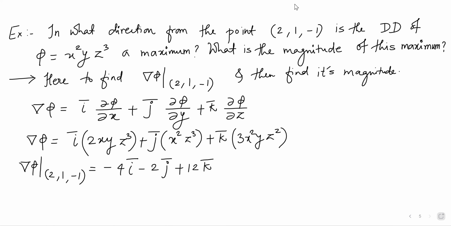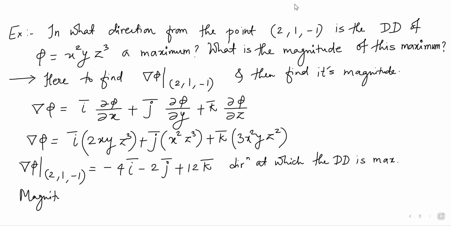So this is the direction in which the directional derivative is maximum. Correct. Now, what do you find? The magnitude of this maximum.